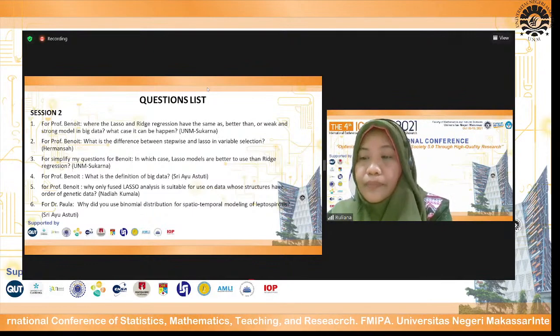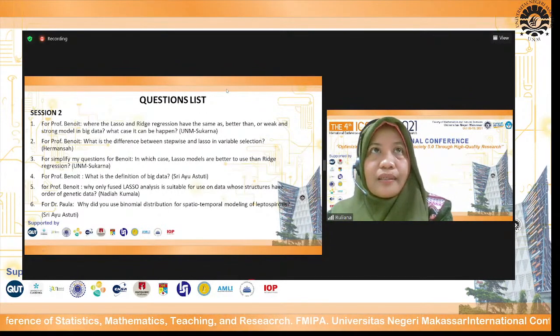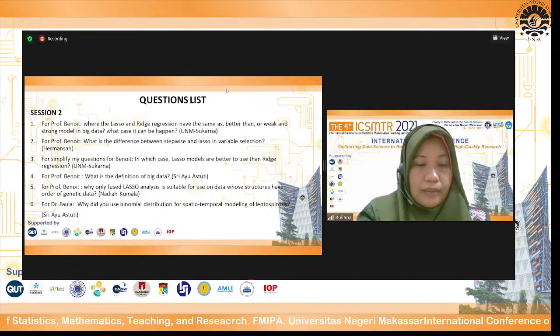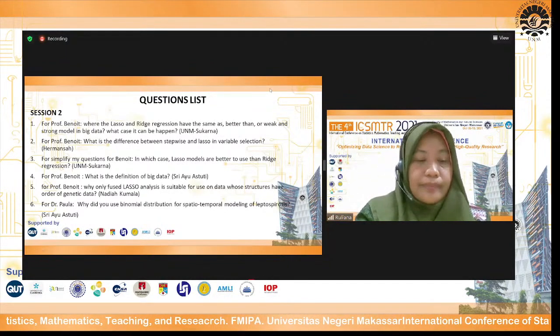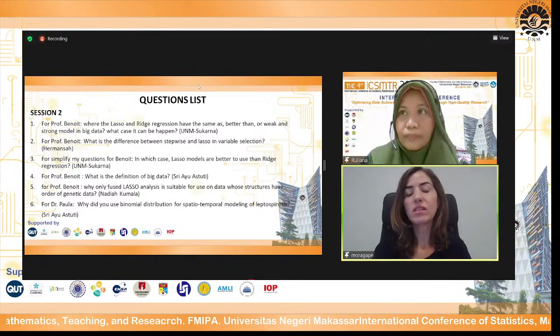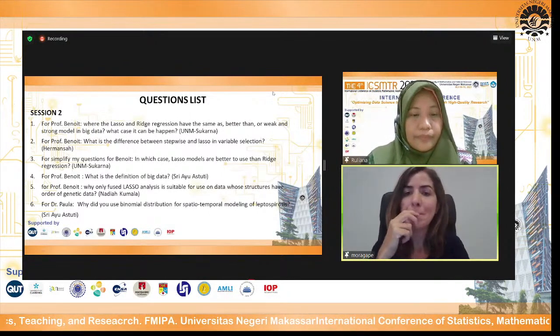Well, I already wrote it in the chat. It is because we have a response variable that can be equal to 1 or equal to 0. So it is equal to 1 if the person has the disease, and 0 if the person doesn't have the disease. And this is why we use a Bernoulli distribution.